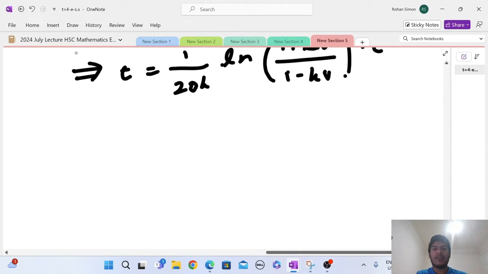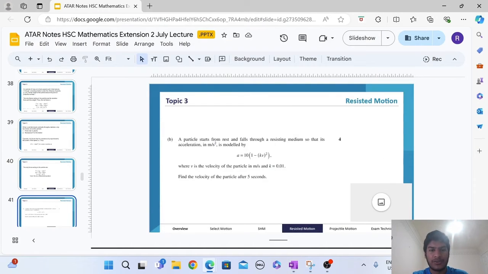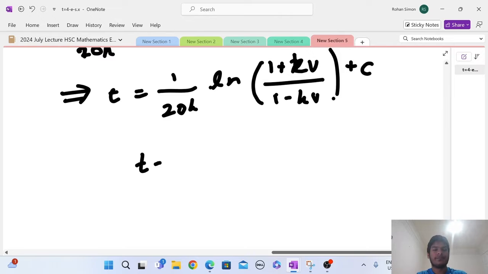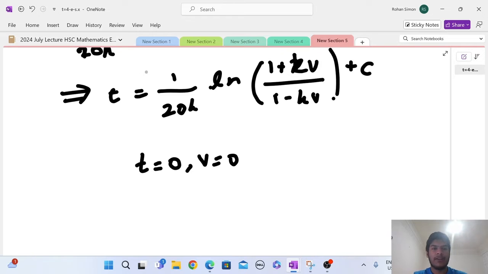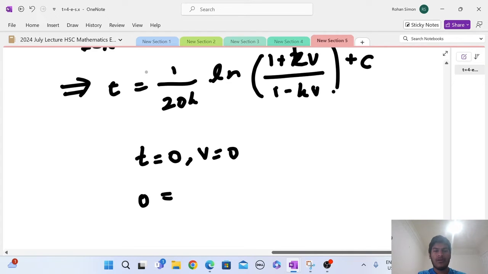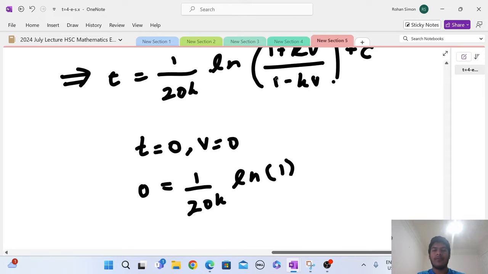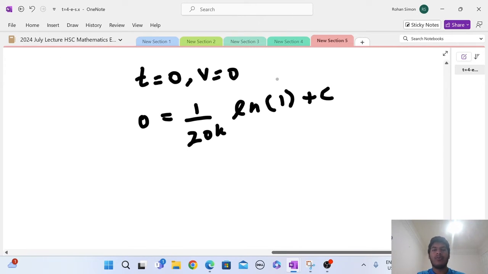Now, in order to evaluate the plus c, again, we look back at the question, look for initial conditions, and that is that the particle starts from rest. So that means that t equals 0, v equals 0. So if that's the case, we get 0 equals 1/(20k) ln((1 + k times 0)/(1 - k times 0)), so 1 over 1, which is 1, plus c. ln 1 is just 0, so we end up with c equals 0.